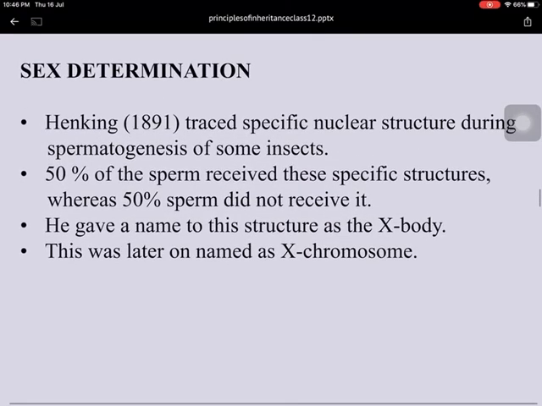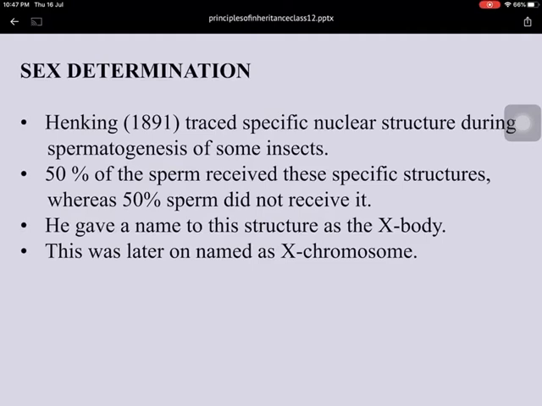Do you know who first determined sex, and how we now know that sex is determined in different organisms? Henking in 1891 first traced a specific nuclear structure during the spermatogenesis of some insects, in which he observed that only 50% of sperm receive this specific structure, whereas 50% do not at all.